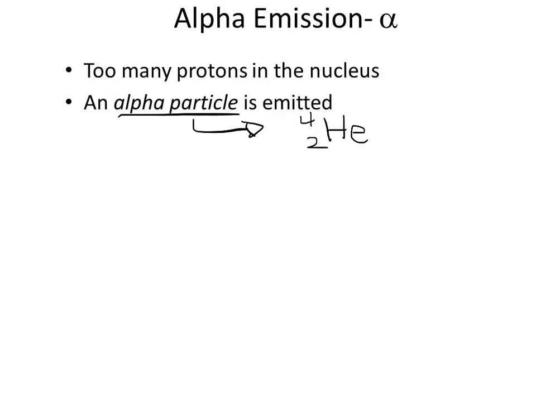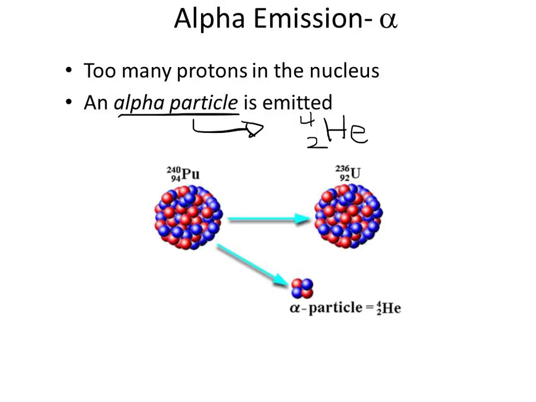So let's take this example of polonium emitting an alpha particle and decaying to uranium-236. When polonium-240 breaks down and emits an alpha particle, it loses 2 protons and 2 neutrons.